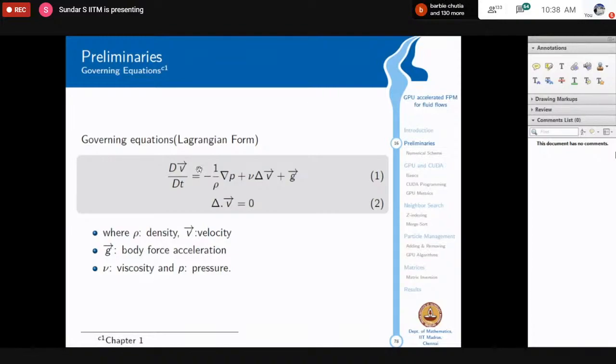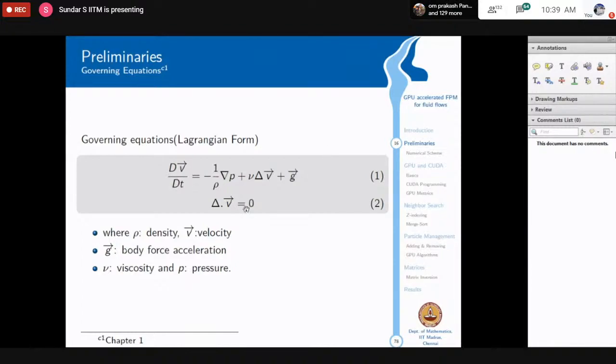So capital D by dt is a material time derivative. All of you know this. So DV by dt is minus 1 by rho gradient of P plus nu del square V, where del square is a Laplacian operator, plus the forces G, and divergence of V is 0. Capital D by dt is a material time derivative, which is nothing but del by del t plus V dot del on V, which is basically the Navier-Stokes equation.